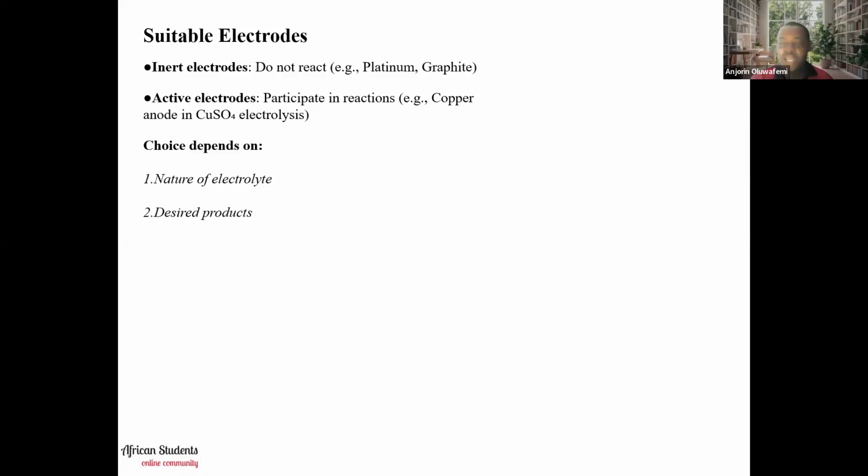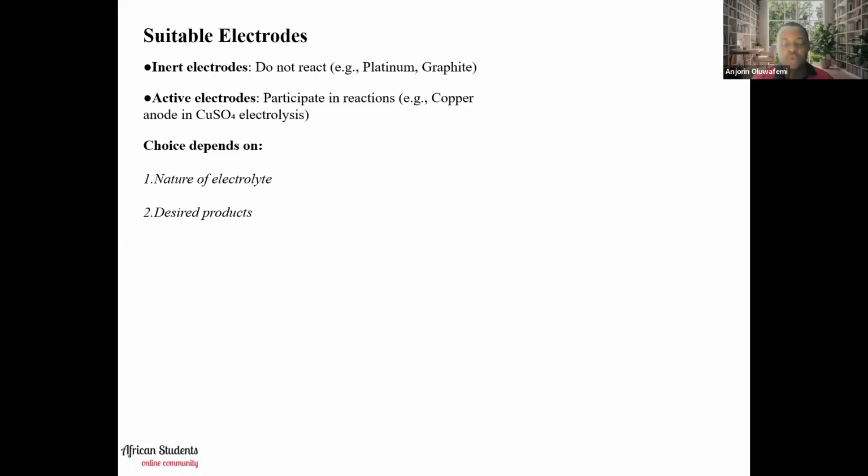Secondly, the desired products. When you have a desired product, you must also be mindful of the electrodes that you are making use of. If you want a product whereby you don't want any interference or reaction, then you'll be considering an inert electrode. Or maybe you want a specific substance to come out of either the cathode or the anode.